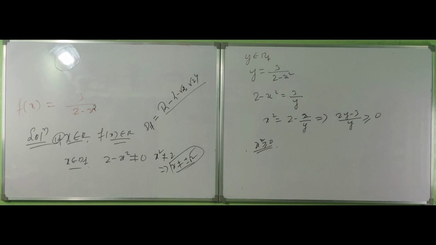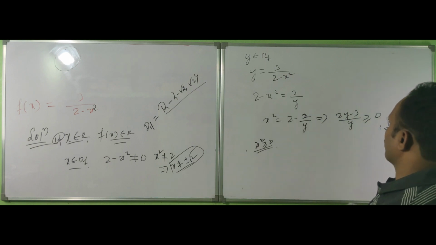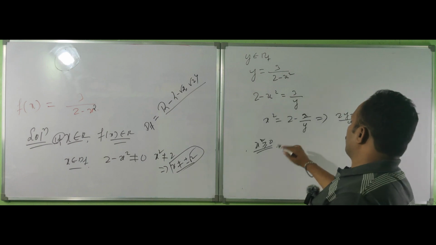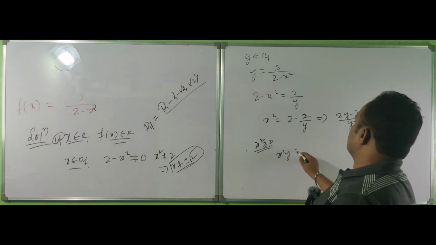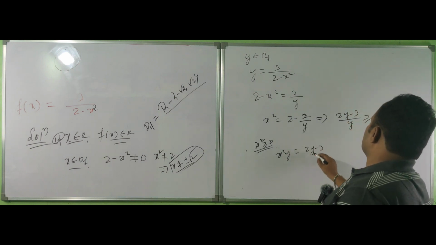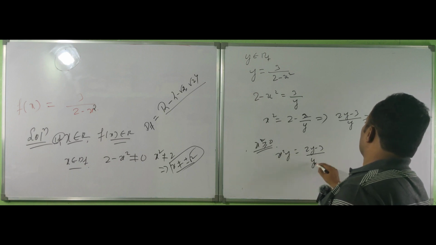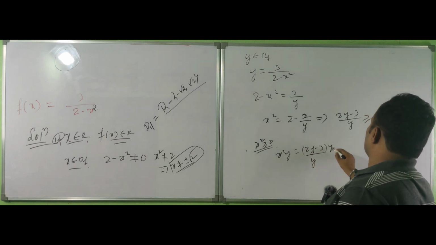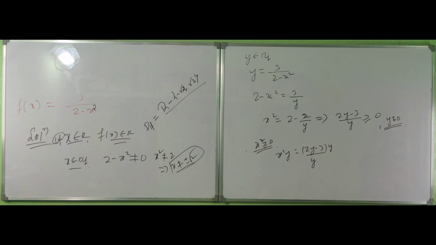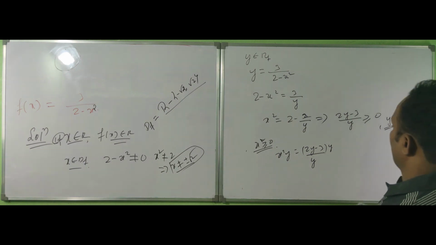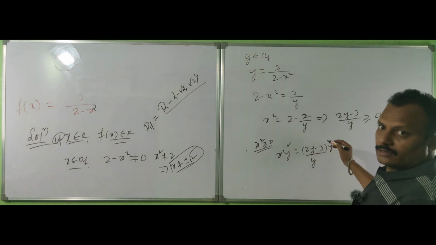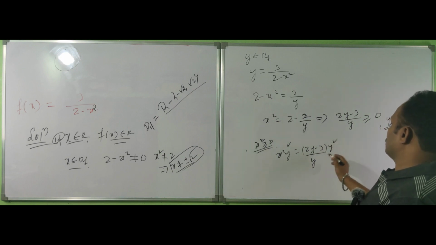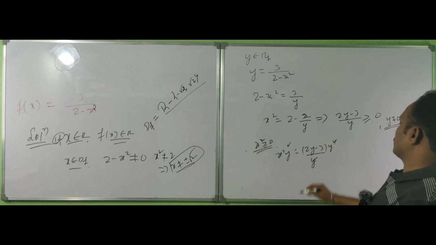To find this relation, here y is not equal to 0, the condition is applied. Multiply both sides by y square: this one gets cancelled.